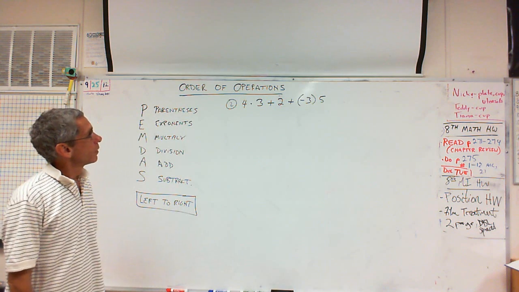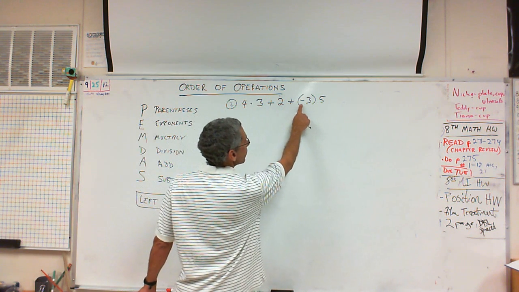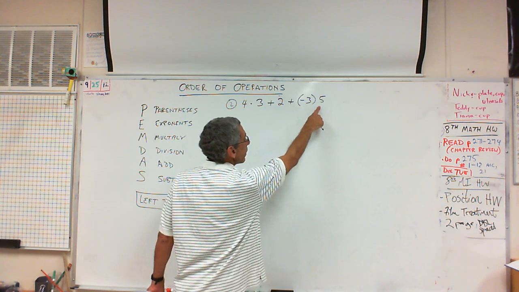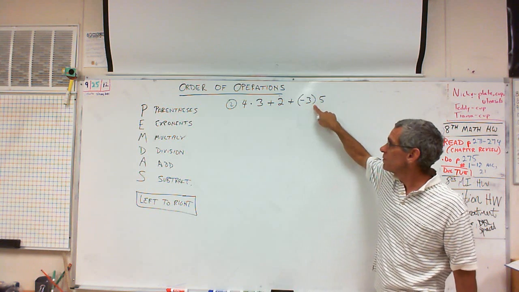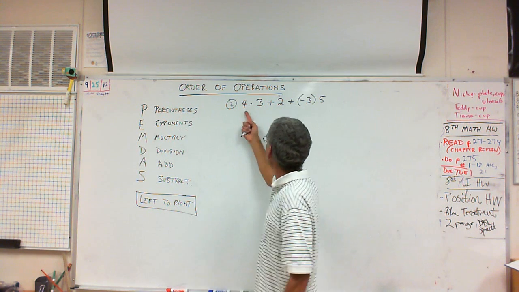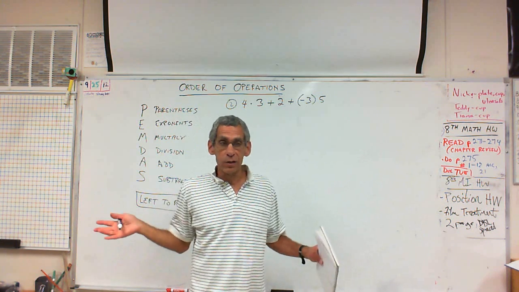Okay. So my operations, I have a multiply, an addition, I have a negative sign, right? And parentheses are multiplying, right? All right, so I'm going to go back to my PEMDAS. I'm not going to immediately go 3 plus 2 is 6, and I'm not going to randomly do stuff.